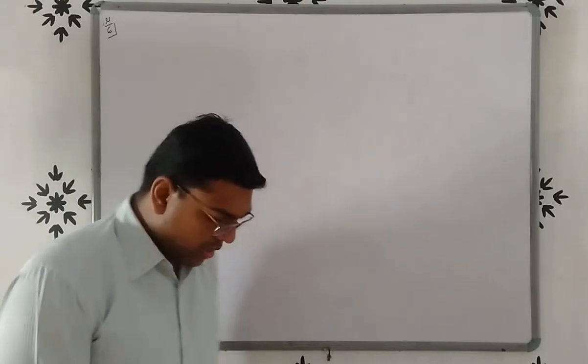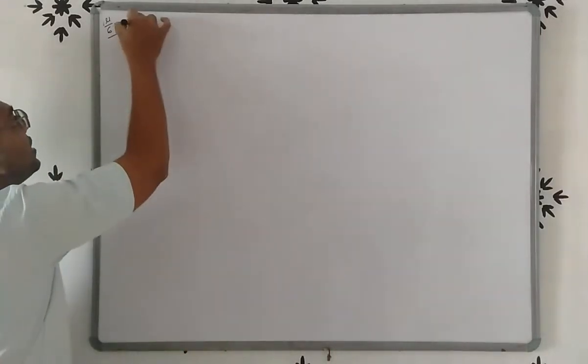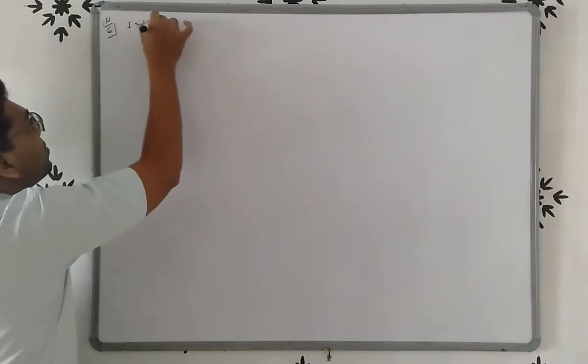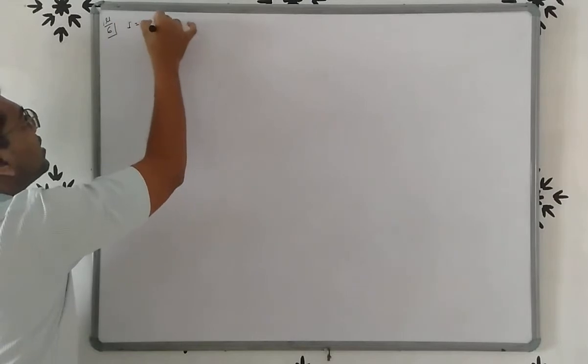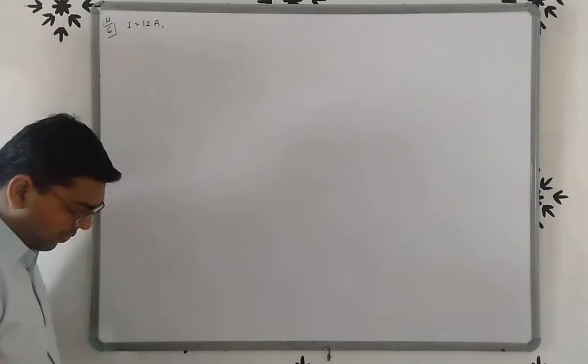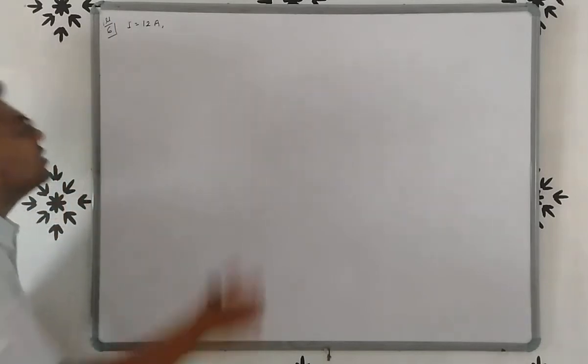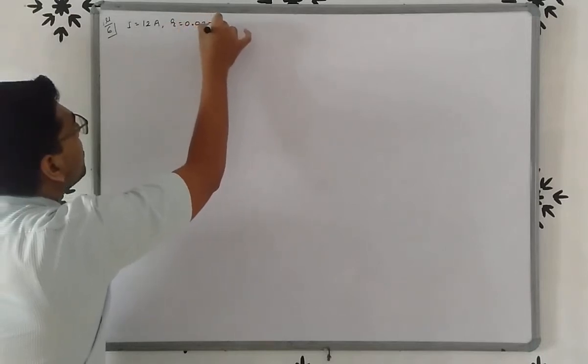So here a straight wire carries a current of 12 ampere, so I is equal to 12 ampere. And this straight wire is bent into a circular arc of radius 2 cm, so R is equal to 0.02 meter.